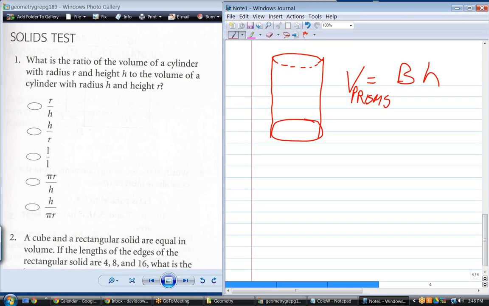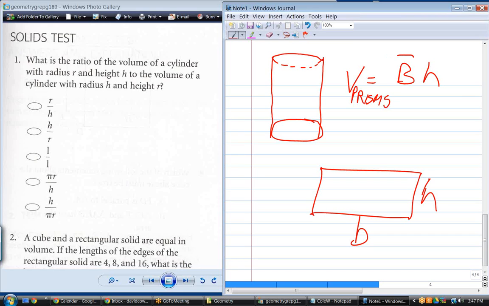Okay? And it's important that you distinguish between capital B and little b. If I say, what's the area of a rectangle, and you say, well, it's base times height, this base is one-dimensional. It would be measured in inches or feet or meters or something like that. Capital letters for multiple dimensions.